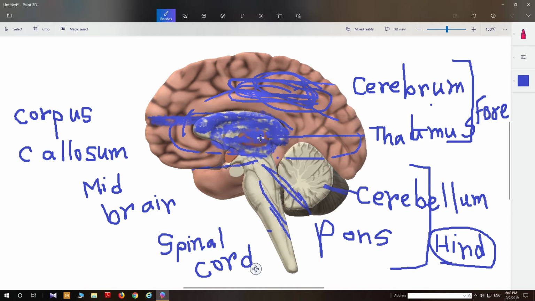These nerves are also associated with functions such as hearing and balancing. The 12 pairs of cranial nerves originate from the brain and spread to different organs: mouth cavity or buccal cavity, tongue, eye, nose, ear. These nerves are sensory, motor, or mixed in nature.